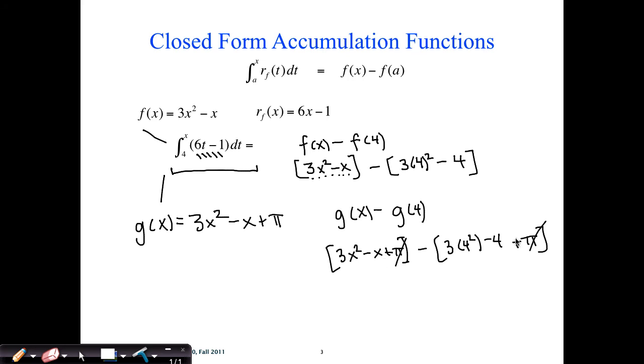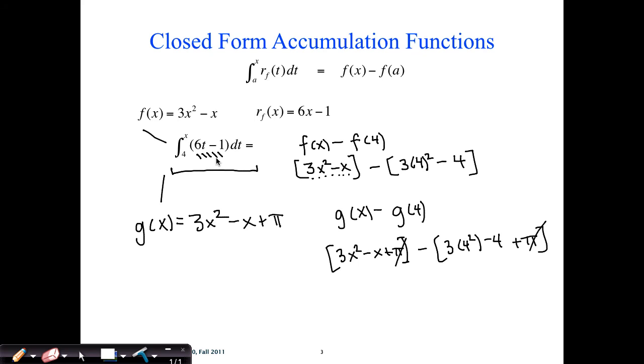It might look different in unsimplified form, but they simplify to the same thing. And it doesn't matter whether this is from 4 to x or 4 to 7. The same principle applies, that all you have to do is come up with something, anything. Come up with the simplest one you can. Why make up a constant of pi? In order to express what accumulates for this integral here at the rate 6t minus 1. Yeah?